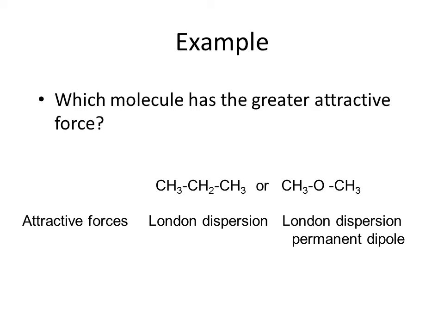To do this problem, the first thing that we need to do is analyze the structure of the molecules. The two molecules have very similar molar masses, so their dispersion forces are going to be about the same. However, this molecule is all carbon-hydrogen bonds.